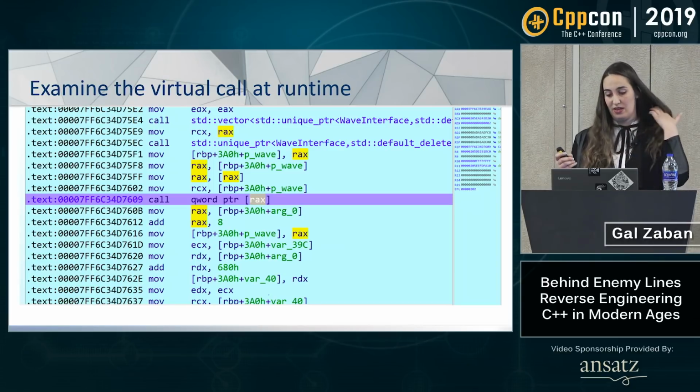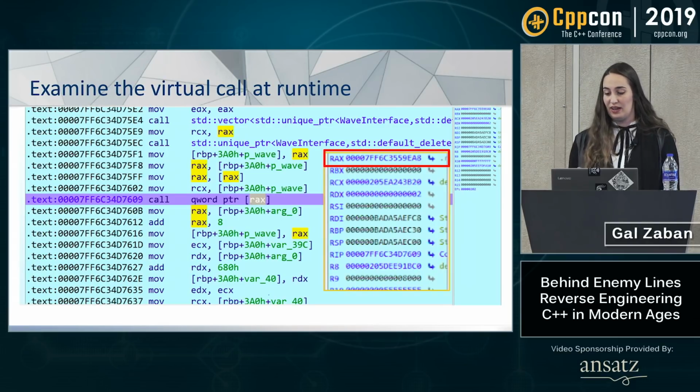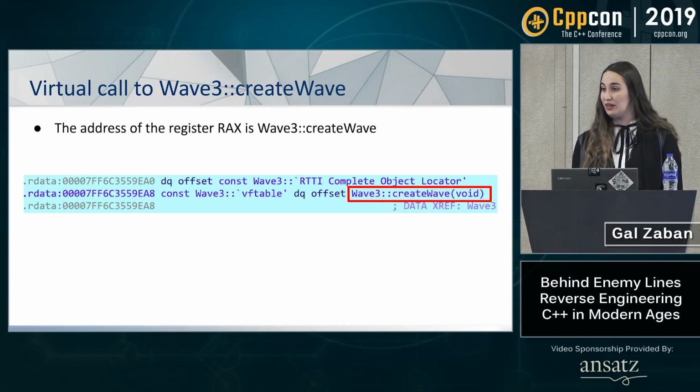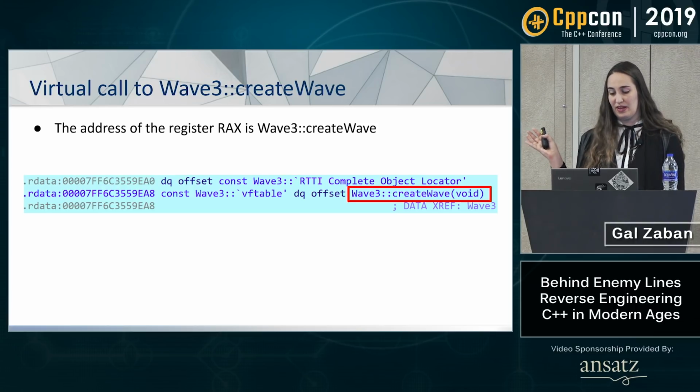You can see it there, and on the right side, you can see the registers that I talked about and some more of them. And RAX stores the value of an address. So now we can go into the address and see what happens there. We can see that the virtual call is to wave3 create wave. You can see the offset, the address is to a vtable, and the offset is the create wave function.